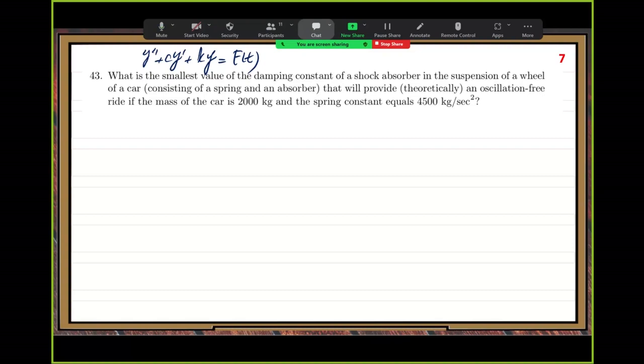Something similar, you may pick the wrong equation, the wrong model. Sometimes you choose the wrong model: damped, overdamped, underdamped. You may choose the wrong one.